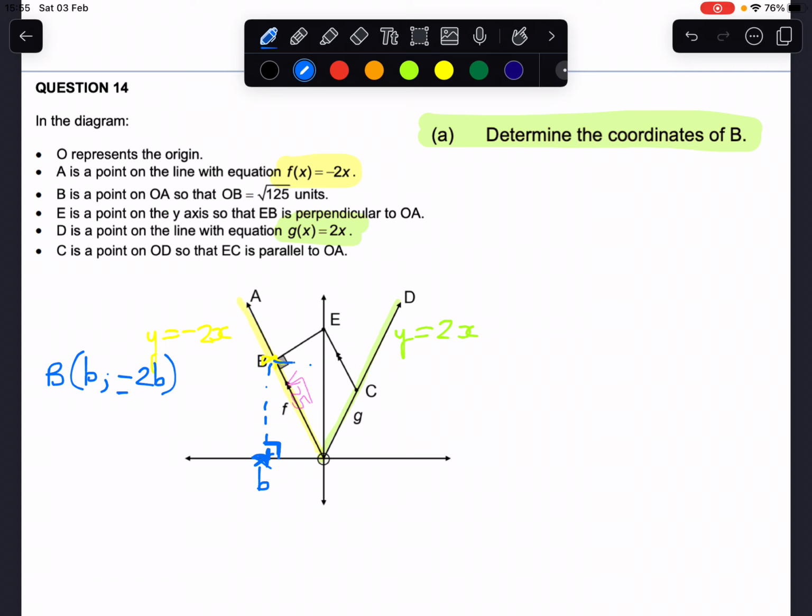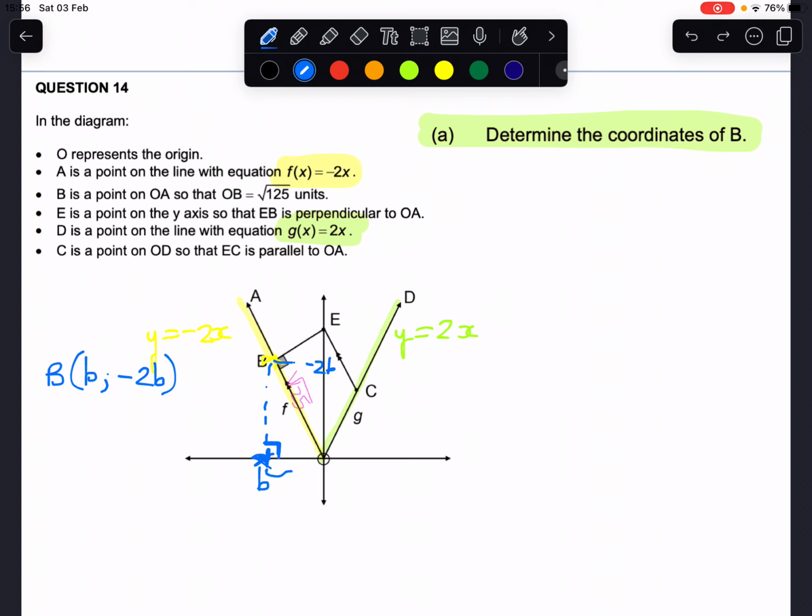The minus might be confusing, but just remember that b is a negative number just because of where it is on the x-axis, so it's going to end up being a negative times a negative, going to end up being positive. Anyway, so the y coordinate here is going to be minus 2b. And because we've been given the length of this side O B, we can do a bit of Pythag to figure out what b is.